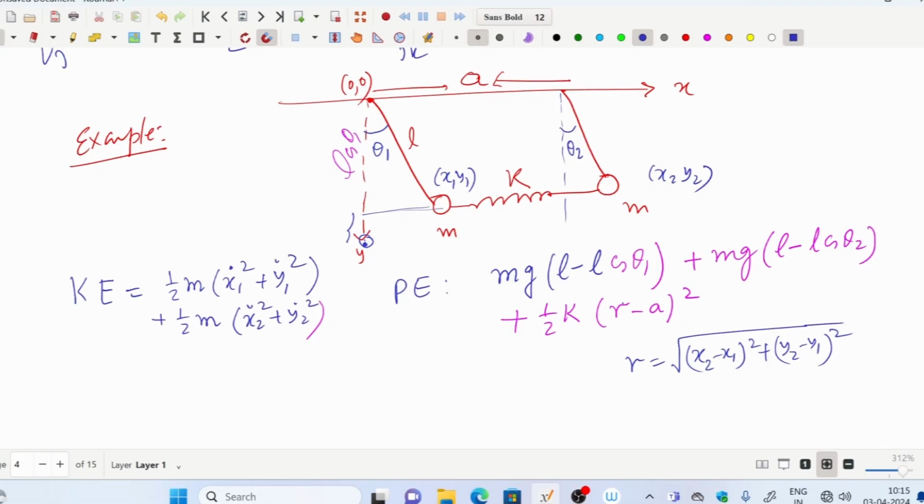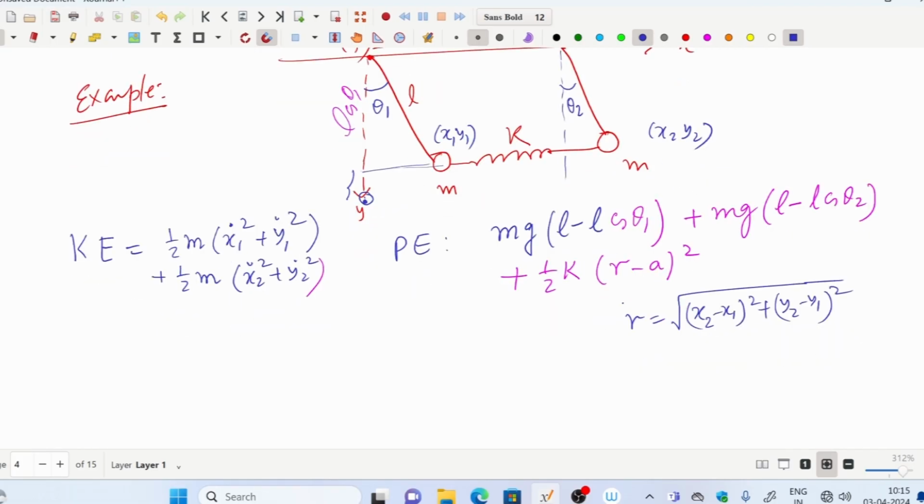And from this geometry, we can write that x1 is L sin theta 1, and y1 I already wrote, L cos theta 1.